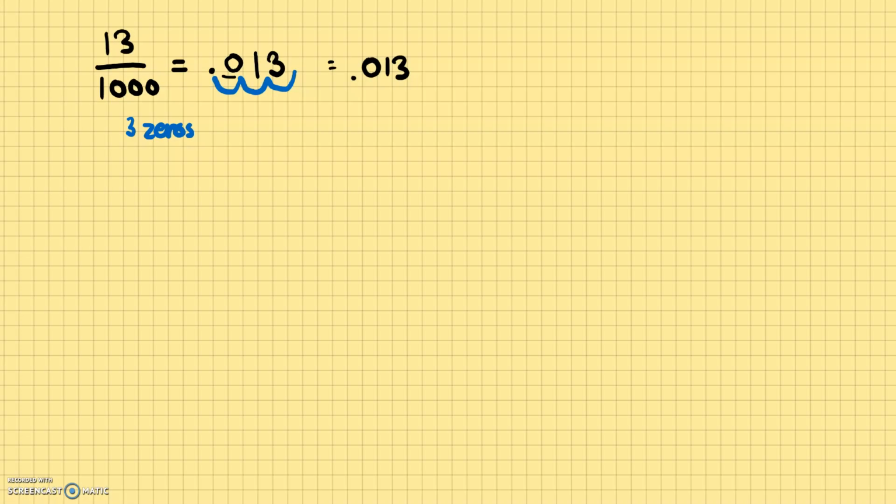What if we have a mixed number? For example, if I have 7 and 8 over 100, how do you change this to a decimal? All right, just write the whole number first. Write the whole number right here. And then you don't have to worry about the whole number. Let's just look at the fraction part, 8 over 100. You just write 8 first.